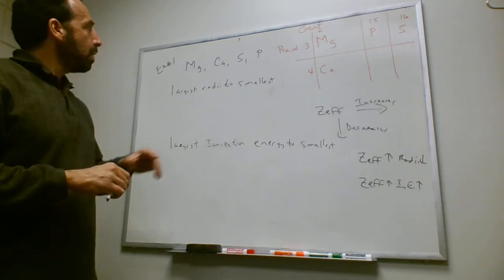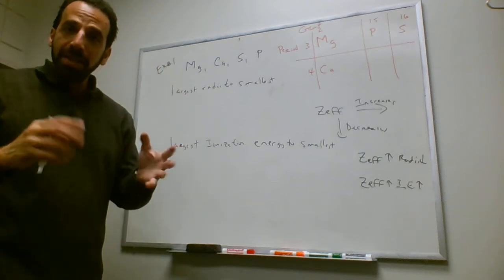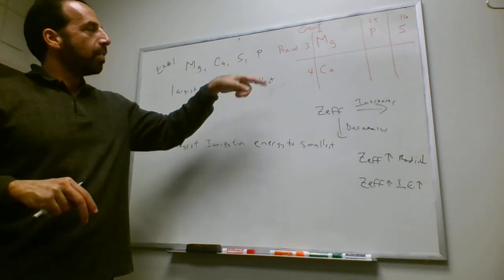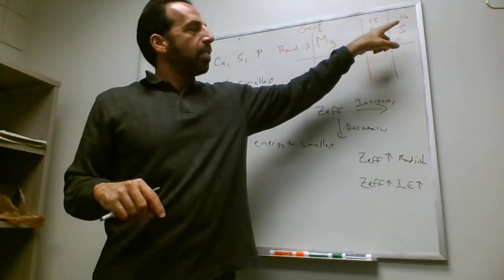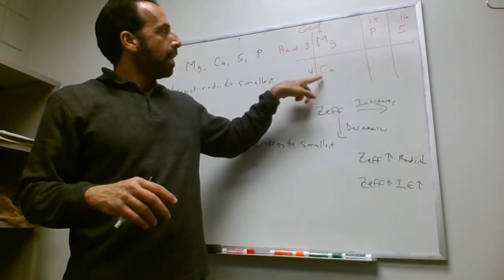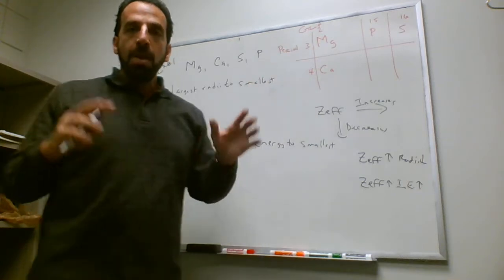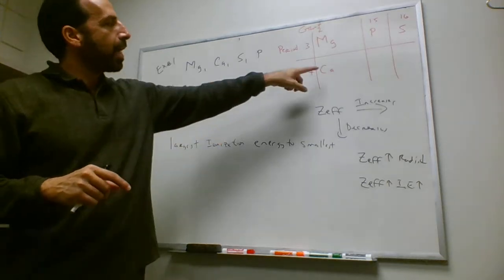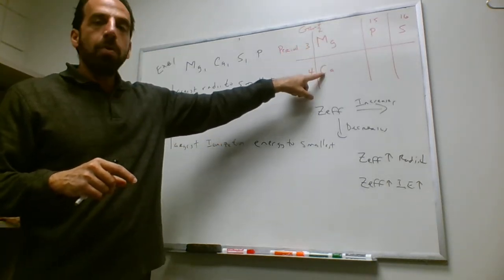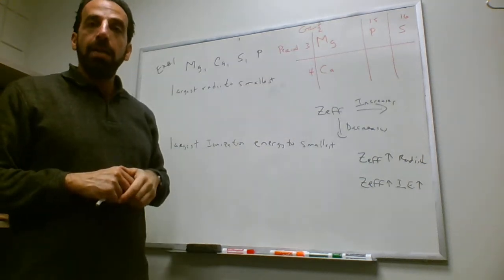So taking a look at this one, what you want to do is compare them within the same group or the same period to get some ideas. In this case, I've got magnesium, calcium, sulfur, phosphorus. Magnesium, phosphorus, and sulfur are period 3, and then calcium is going to be period 4, but it's in group 2, the same group as magnesium. So if I want to compare calcium and magnesium, calcium is going to be larger because Z effective decreases down a group.